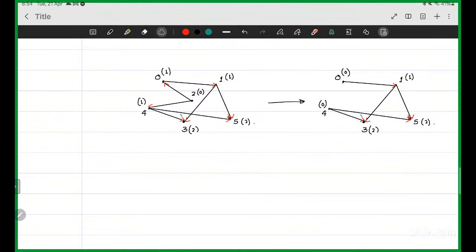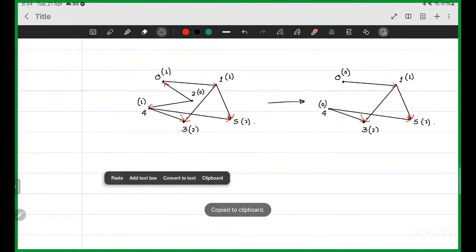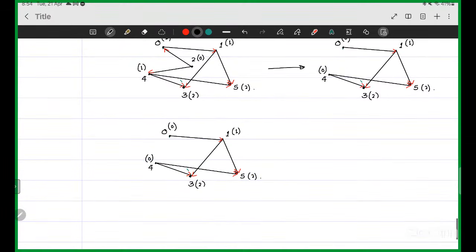So next you take this one, choose 4 or 0, doesn't matter. I'll choose 4 this time. Let's see. It's not going to make a difference. So I choose 4. I remove 4 and the edges coming out of 4, which will make me lose these two things. Now, if I have to update the in degrees, what are the changes that need to be made? 3 and 5 will become 1. Yeah, both of these will become 1.